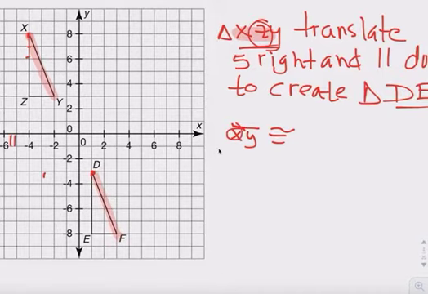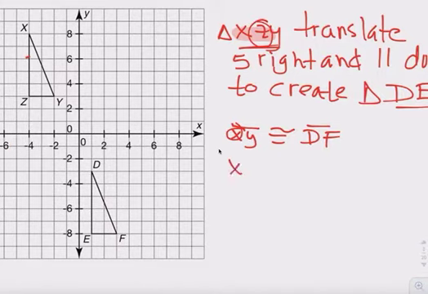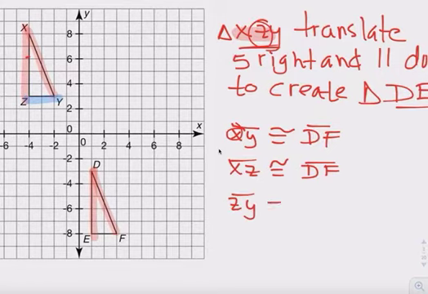X corresponds to letter D, so D and then F. Then XZ is congruent to DE. And our last congruent side is ZY.